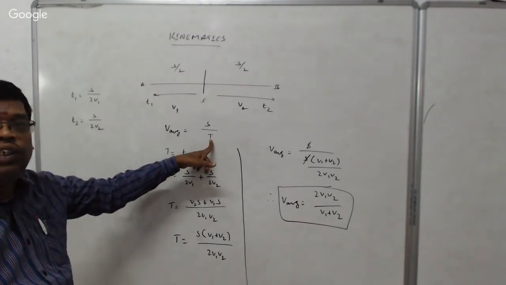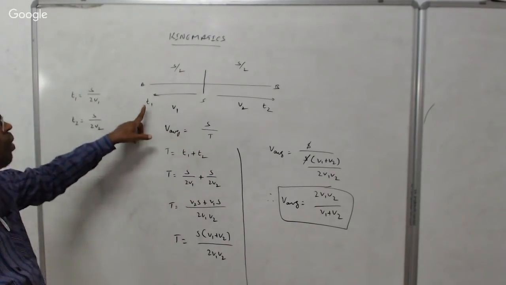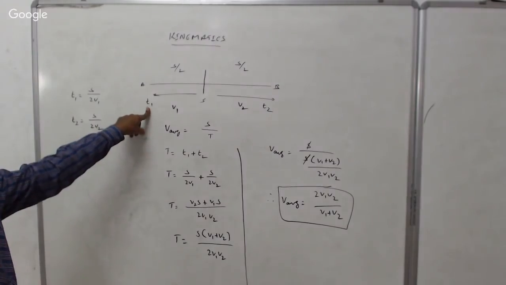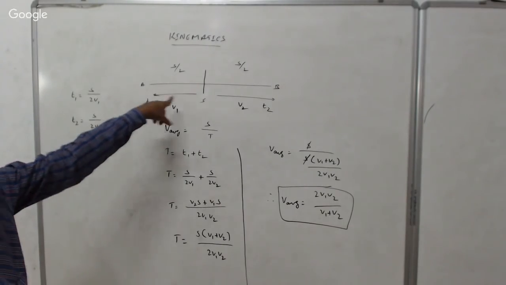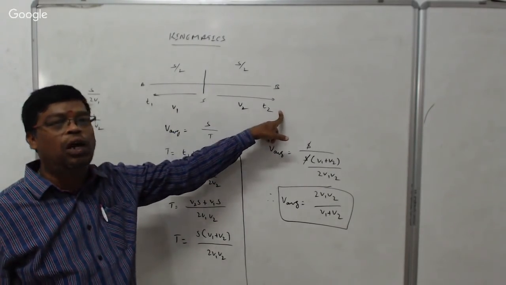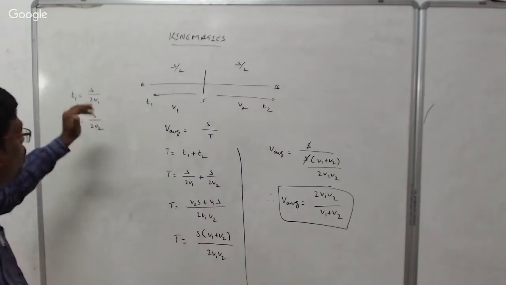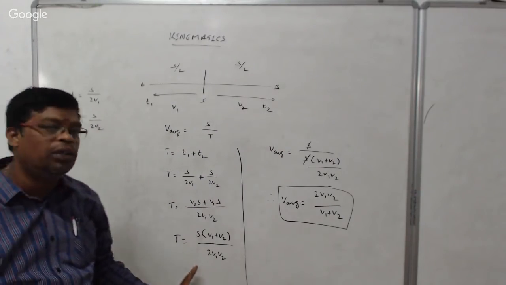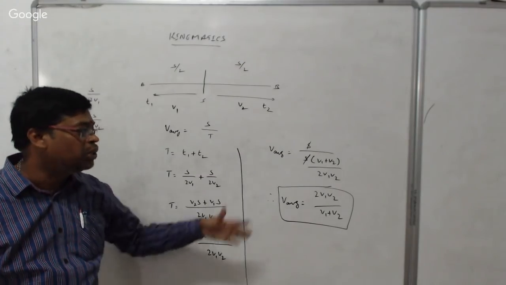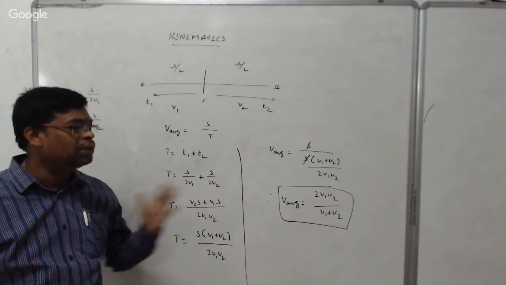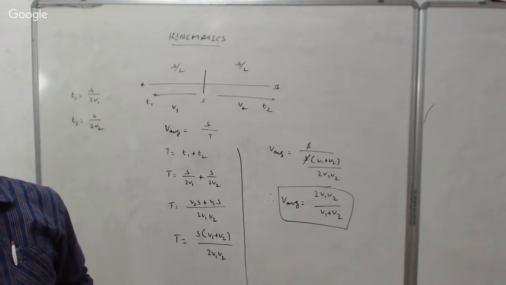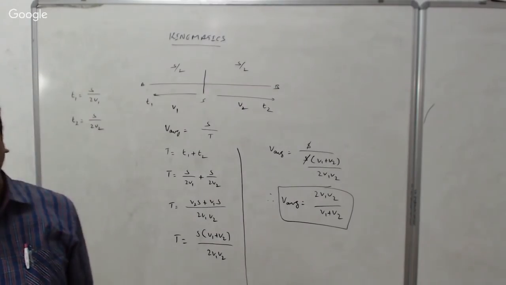We don't know the time, so we assume that T1 is the time taken by the body for the first half distance and T2 is the time taken for the second half distance. Solving T1 and T2, we got the total time taken. Then we substituted into the actual formula and got the result as V average is equal to 2V1 V2 by V1 plus V2.